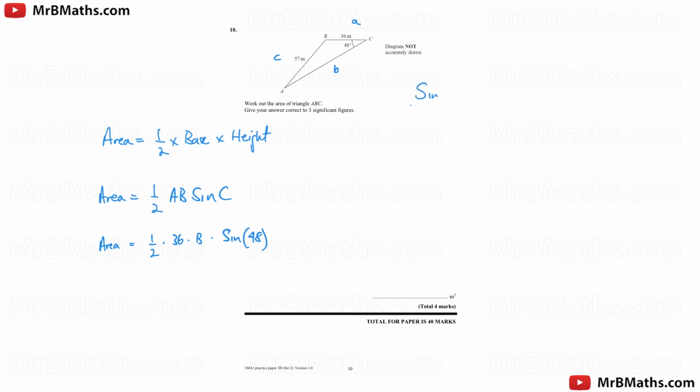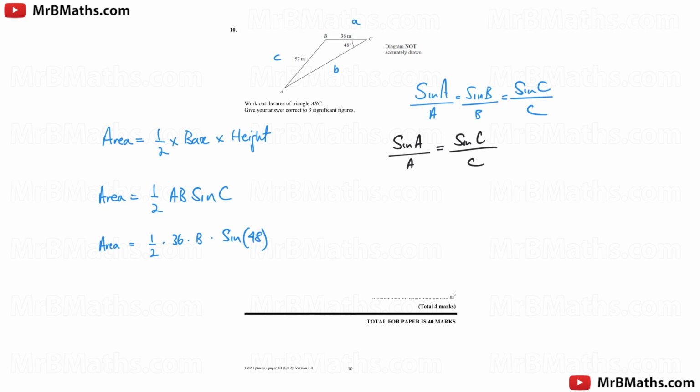So we've got sine A over a equals sine B over b equals sine C over c. Okay, so we can use sine A over a and sine C over c.